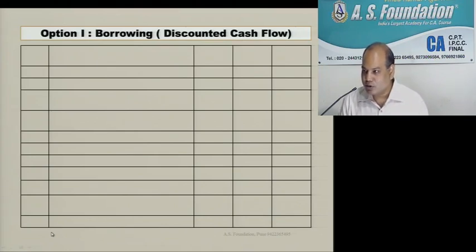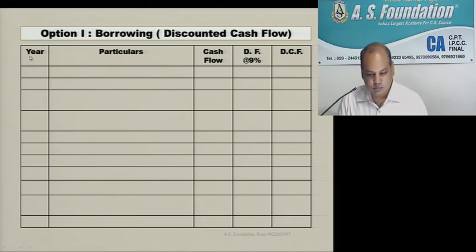So can I compute the present value under borrowing option? First write down the format: year, particulars, cash flow, discounting factor at 9%, discounted cash flow. The purpose of this format is to find out the present value of cash flow under loan option.